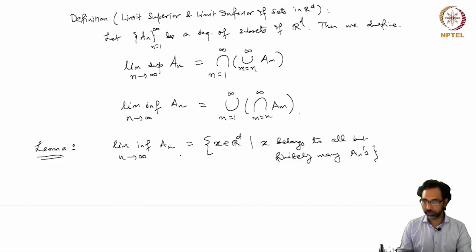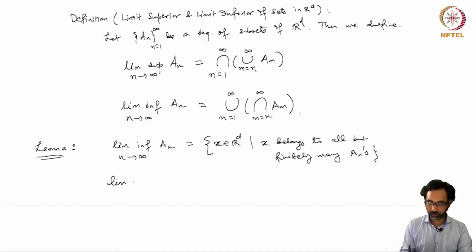So all but finitely many, meaning that there may be finitely many A_n's, say n_1, n_2 up to n_k, for which x does not belong to those sets, but it belongs to all the other sets.